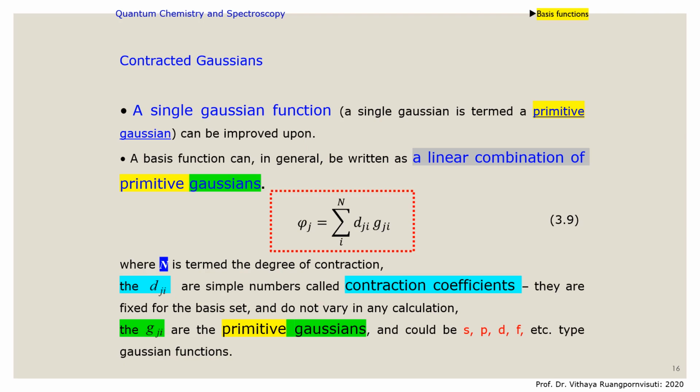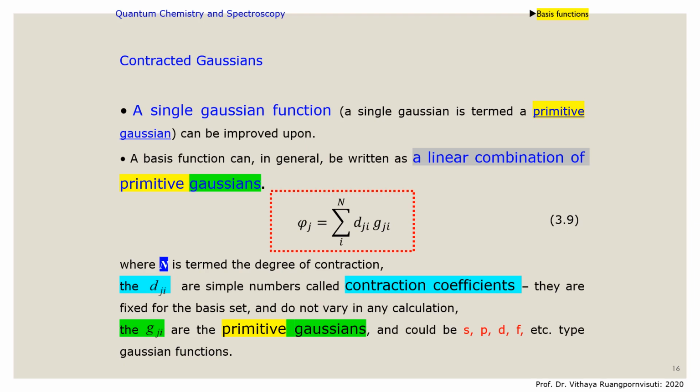The atomic orbital phi j is equal to the summation from i to N of d ji multiplied by g i j, where capital N is termed the degree of contraction.